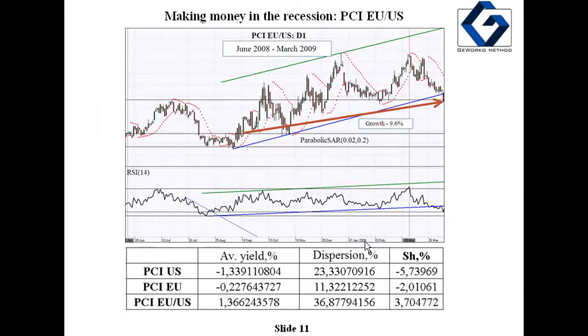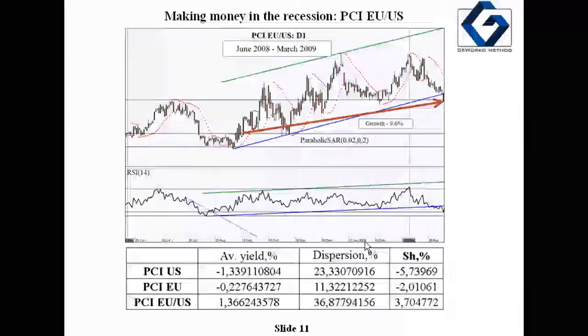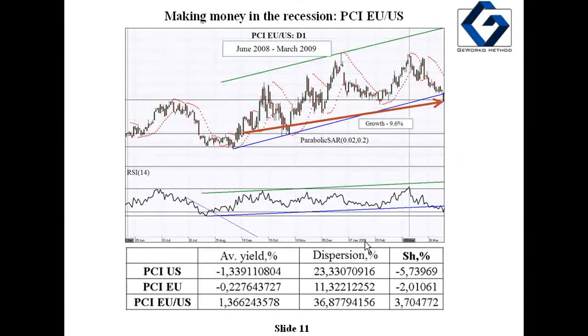At the same time, the Sharpe ratio of 3.7% is a lot less attractive than the corresponding ratio for the US-EU, 21% in the recovery period. And during the recession, we can see that the market is more volatile, and we can explain this maybe because investors are more nervous.